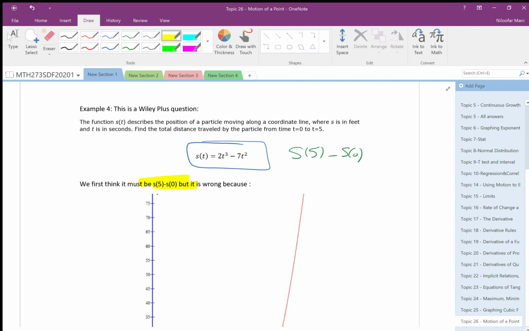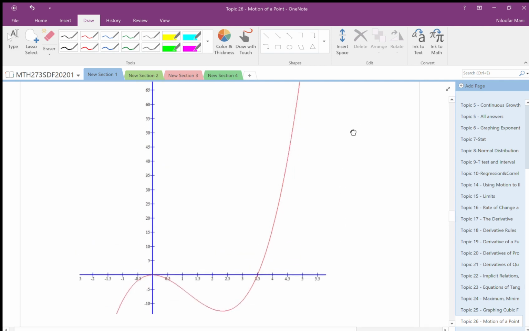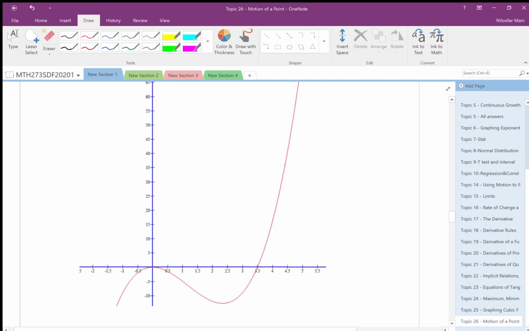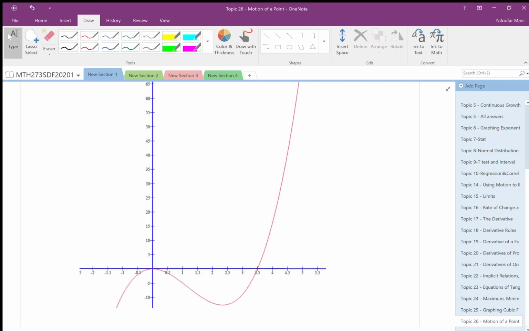Look at the graph. When I make the graph, look at this. Here is from 0 to 5. But from 0 to 5, it's coming here and then it's going there.